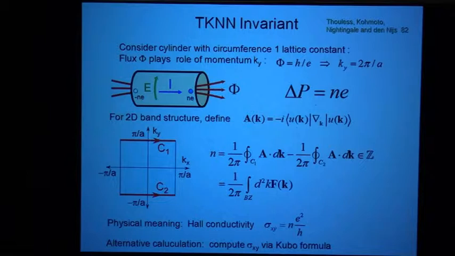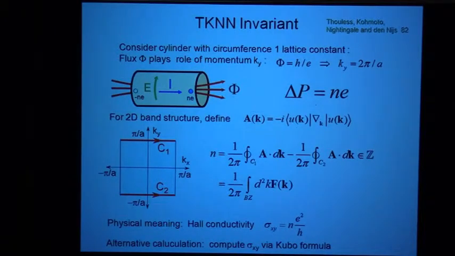Again, the Chern number is going to be the integral of this Berry curvature over the two-dimensional Brillouin zone. Hopefully this gives you some understanding of why the Hall conductivity is a Chern number, and how it's related via this Laughlin argument to the Chern number that characterizes a one-dimensional Thouless pump.